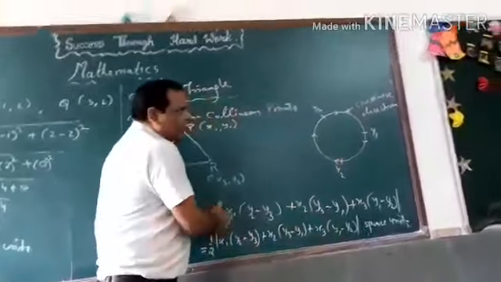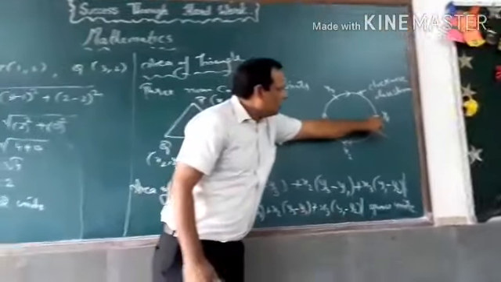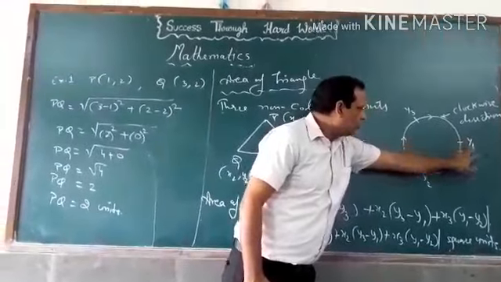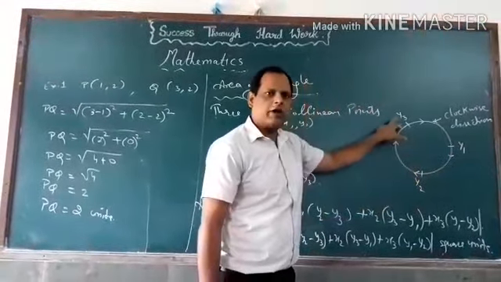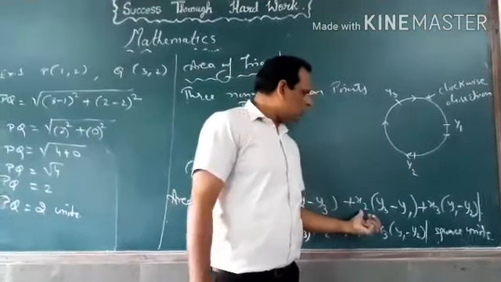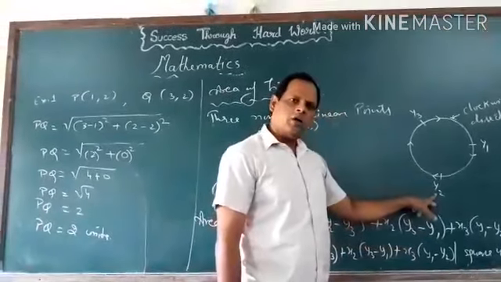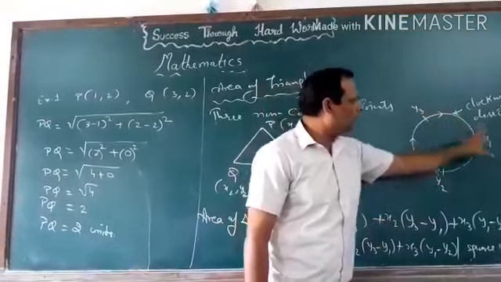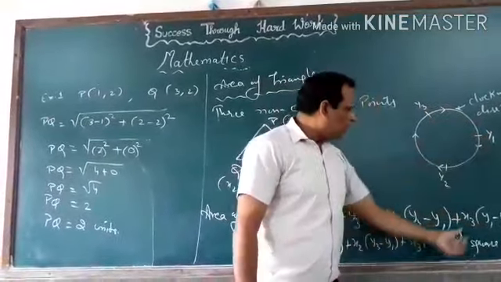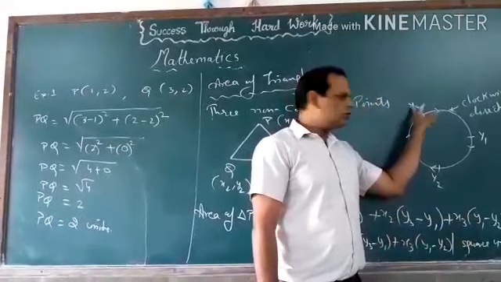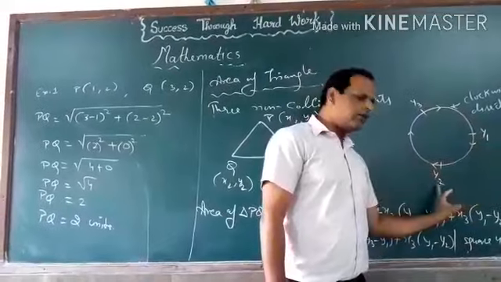First we use x1, that is this point. Now you use this point, y2 minus y3, plus x2. When you are at x2, it means you are here on y2. Now you use these two coordinates, y3 minus y1, plus x3. x3 means you are here, so use these two coordinates, y1 minus y2.